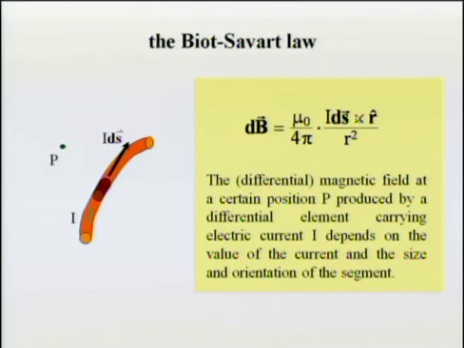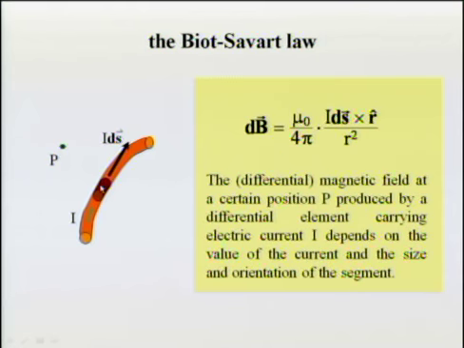the product of current and segment vector. So I have to multiply the current flowing in the wire by the segment vector, and segment vector can be oriented two ways. In the Biot-Savart law, we should select the direction of the segment vector to be consistent with the conventional current.